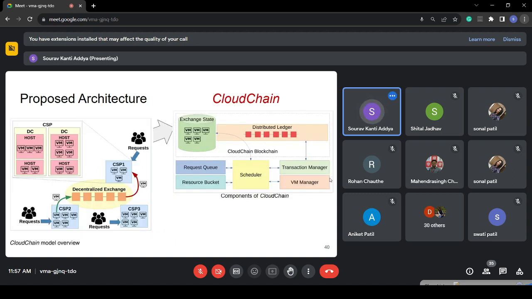We have certain components in the cloud chain. You can see in this diagram that there are three service providers, 1, 2, and 3.